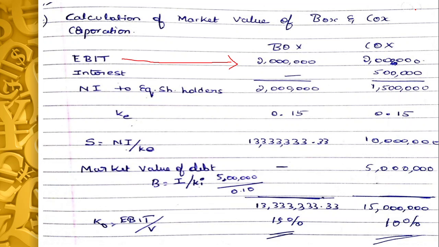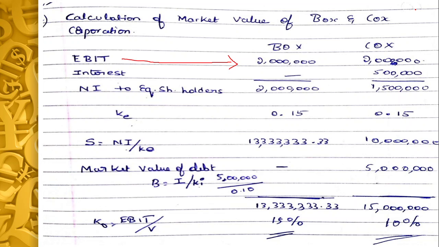So, when you calculate, the net income to equity shareholders would be standing at 2 million and 1.5 million for Box Corporation and Cox Corporation respectively. Since tax is assumed to be nil, the EBT itself becomes net income to equity shareholders.